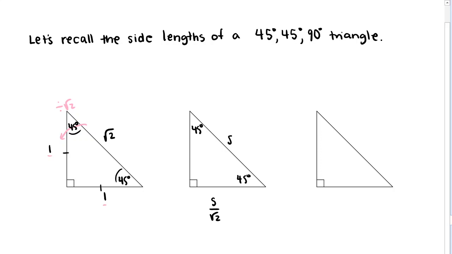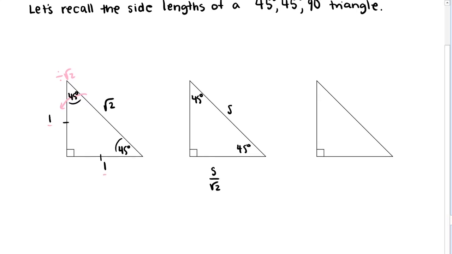And now, unfortunately, we aren't going to typically see our leg lengths in this particular way when it comes to 45, 45, 90 triangles. Oftentimes, we will rationalize the denominator. So that just means getting the square root out of the denominator. We can do that by multiplying by the square root of 2 over the square root of 2 to the numerator and denominator. And that's just a fancier way of multiplying by 1.